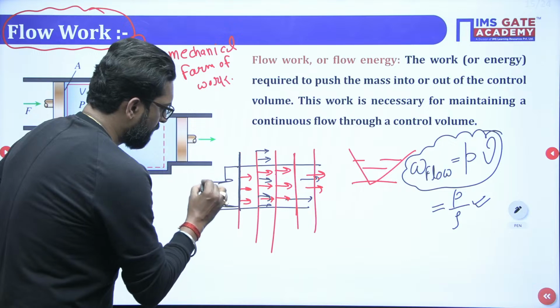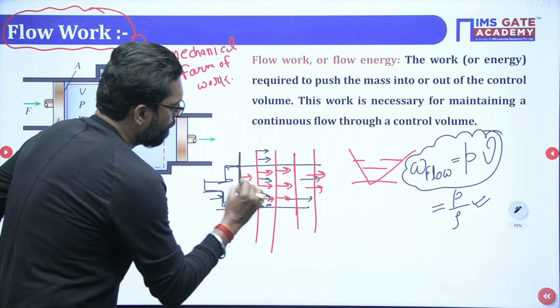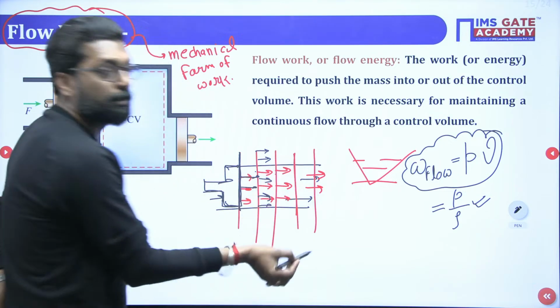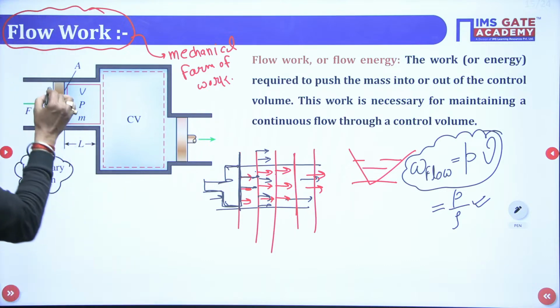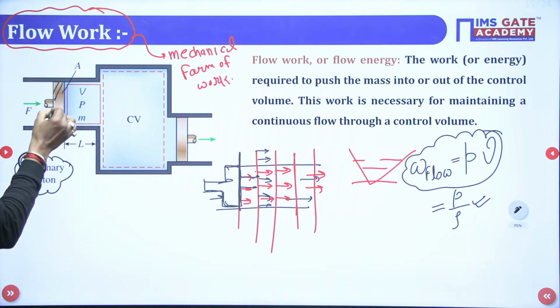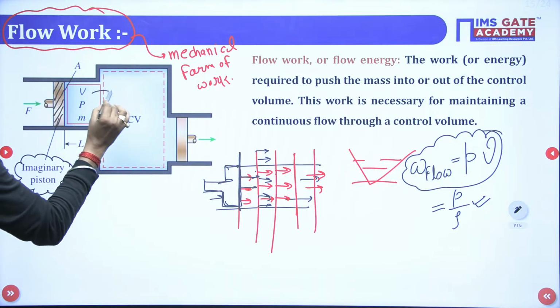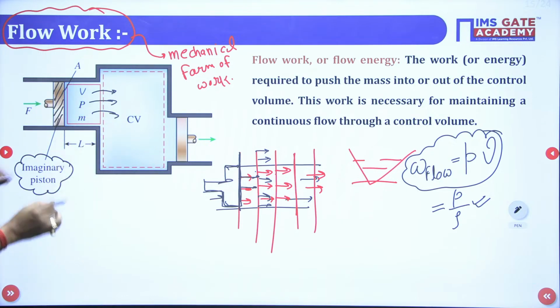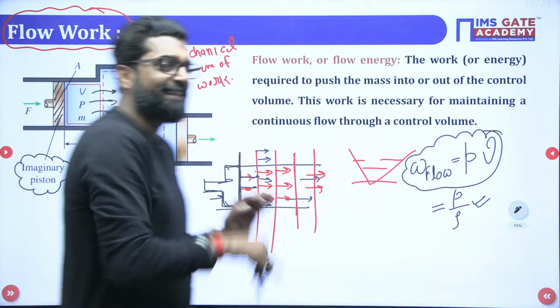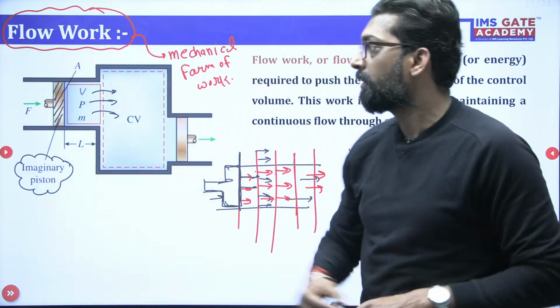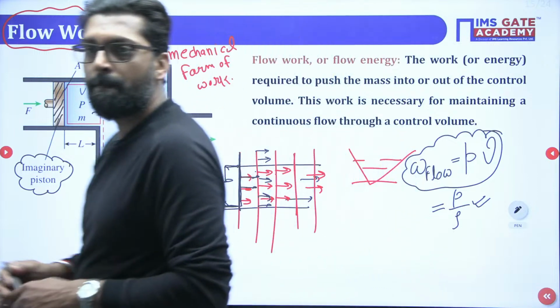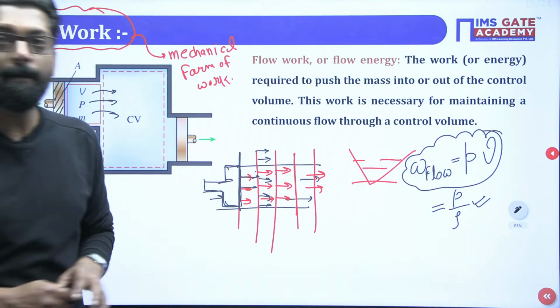And this plunger tries to push this layer into the control volume. This is a fluid layer very near to this fluid element, and this element tries to enter into the control volume. So if you want anything to enter or exit continuously, this work must be present.